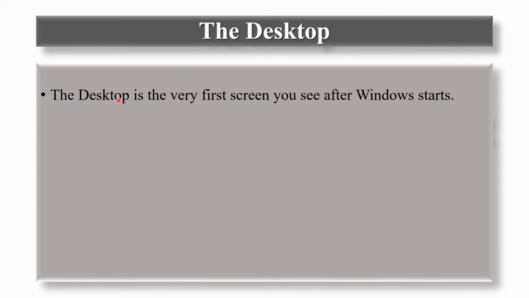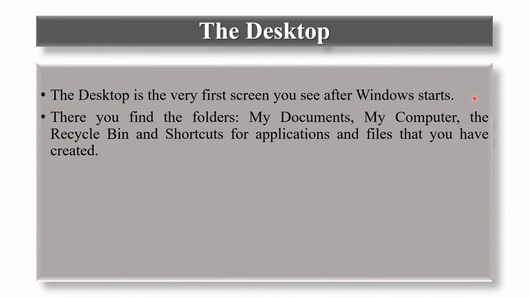Next, the desktop. The desktop is the very first screen you see after Windows starts. A desktop is a term commonly used to describe a desktop computer or a system unit. There you find folders like My Documents, My Computer, Recycle Bin, shortcuts for applications and files that you have created.